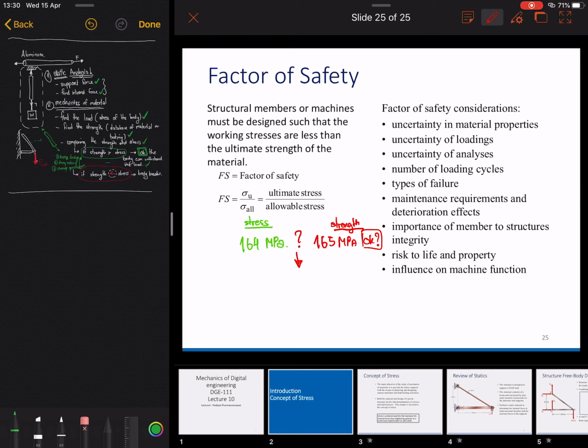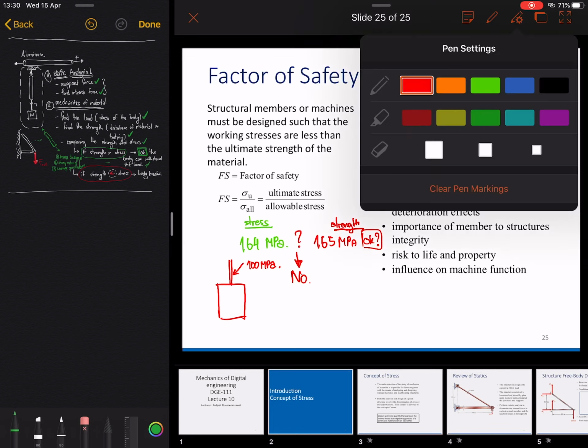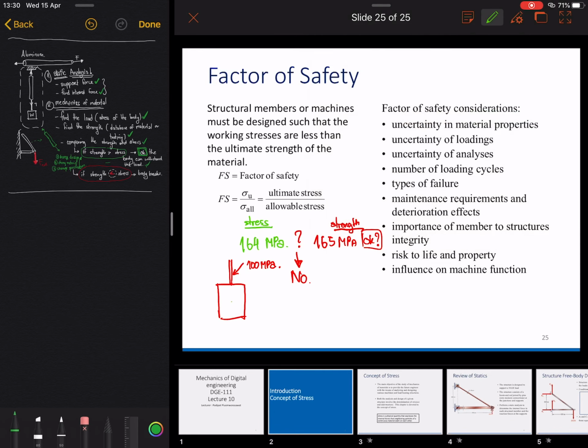In reality, no. You can imagine when I build a lift, for example the elevators, I have a cable, and I say the strength of this cable is 100 megapascal, and we have the load here.